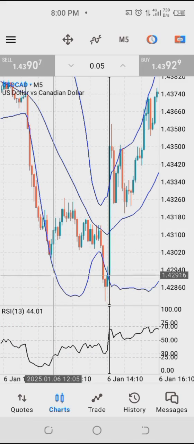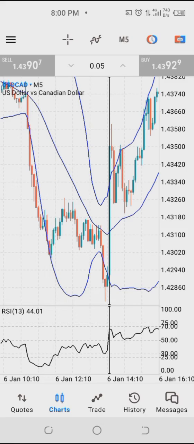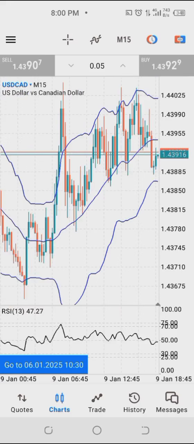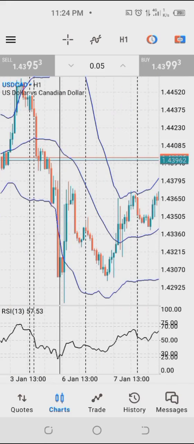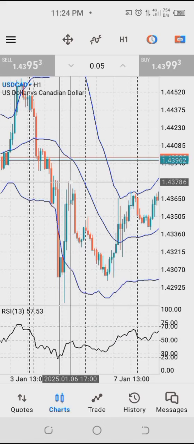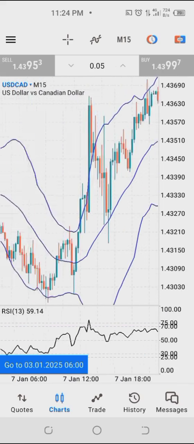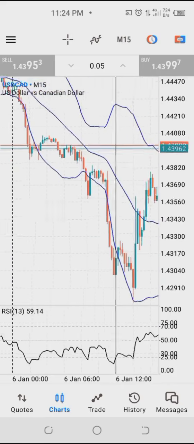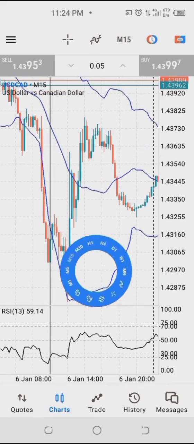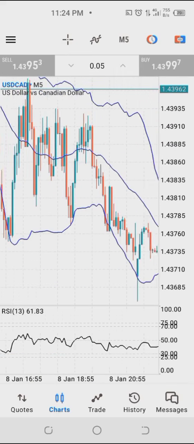Remember, your stop loss is going to be just below the last candle, and then your take profit should be at the point where price touched the middle Bollinger Band on the 1 hour time frame, or the upper Bollinger Band at the 15-minute time frame, or the RSI touch 70 for a buy.